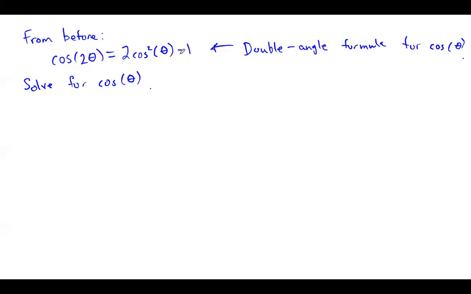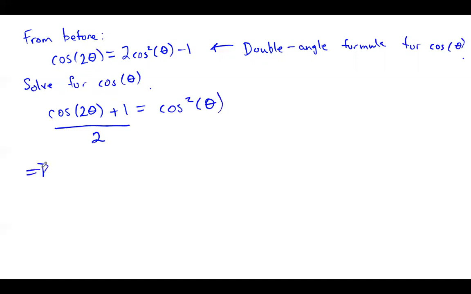And first we want to move this over. So we do what we normally do. Cos 2 theta, you bring this 1 over. So it's going to be plus 1 is equal to, and then we want to divide by 2, is equal to cos 2 theta.